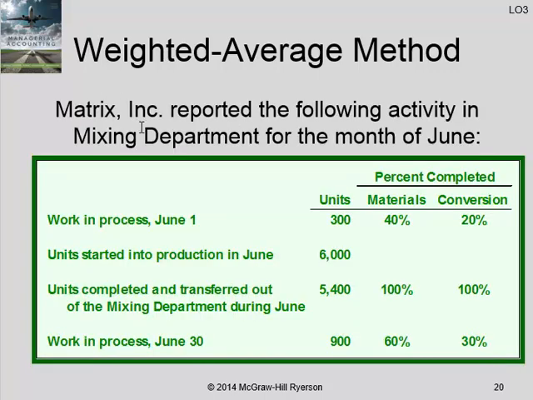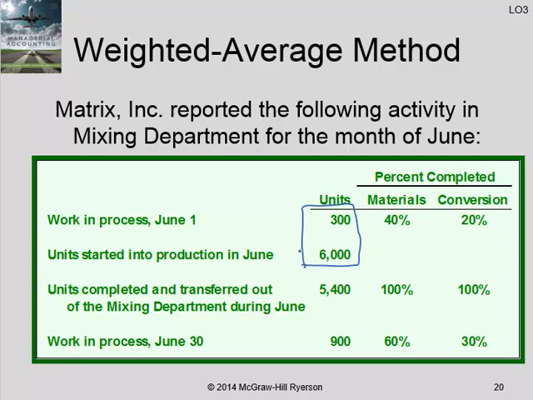So what you're dealing with here is a bit of a reconciliation. It basically says, in terms of physical units, we started out with 300 physical units in the beginning work in process, and we began production on another 6,000. So that adds up to 6,300.